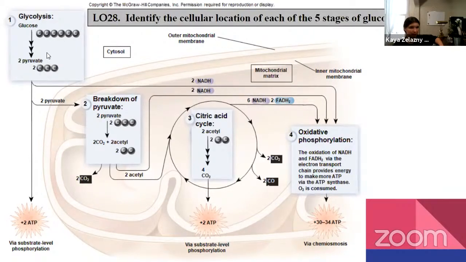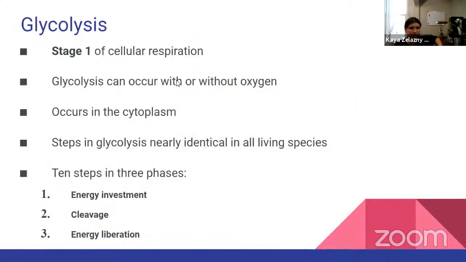In glycolysis, it's super important to know you're out in the cytoplasm, because glycolysis can happen even in cells that do not have mitochondria. So this can happen in basically all types of cells, all forms of life. Remember, prokaryotes wouldn't have mitochondria, but they'd still be able to do glycolysis.